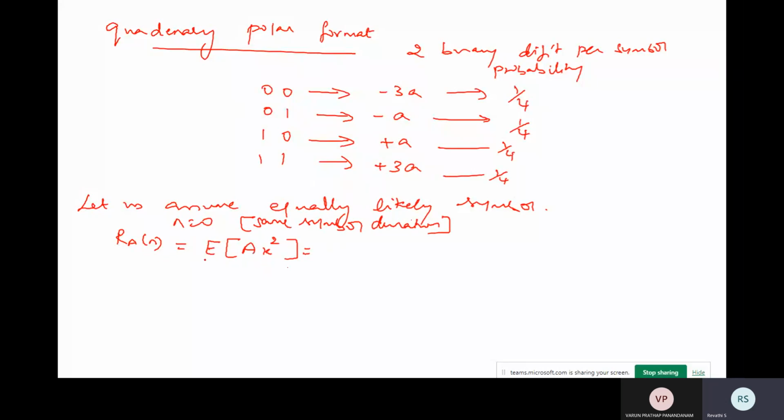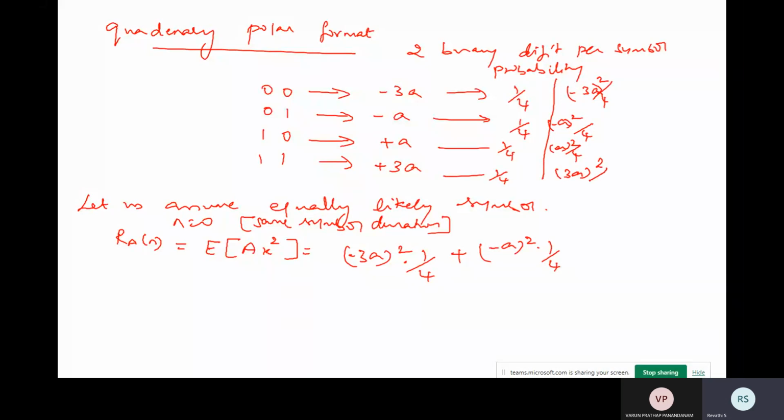So you can just write RA of n as minus 3a the whole square, because AK square into the probability, that is 1 by 4, plus minus a the whole square into the probability. You can even put it as a table and do it here. So minus 3a the whole square by 4, minus a the whole square by 4, plus a the whole square by 4, plus 3a the whole square by 4.